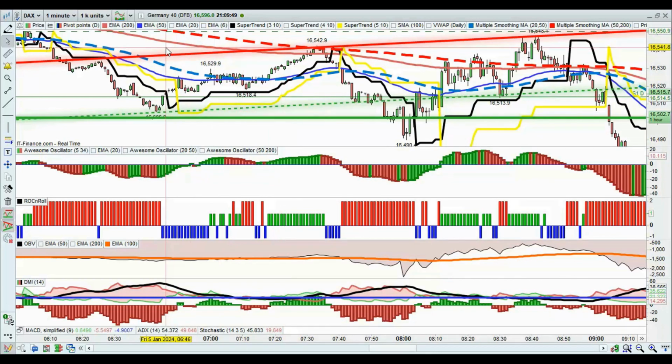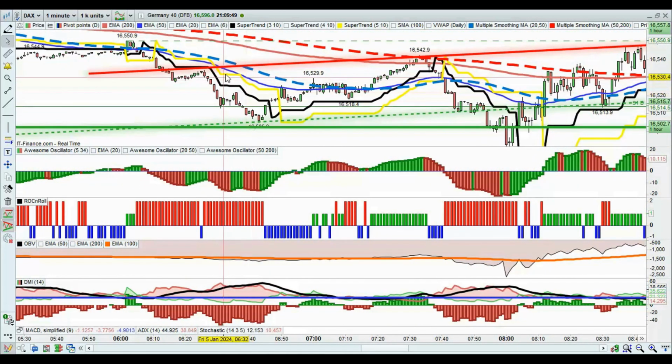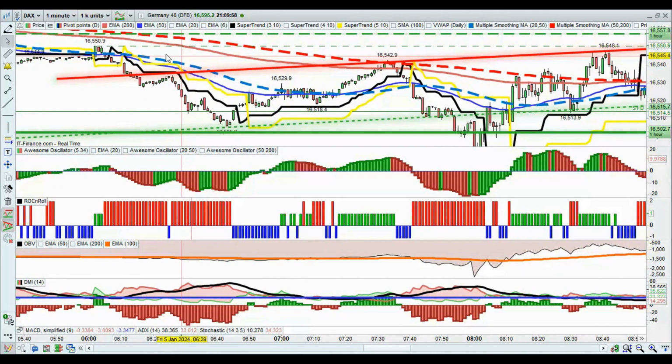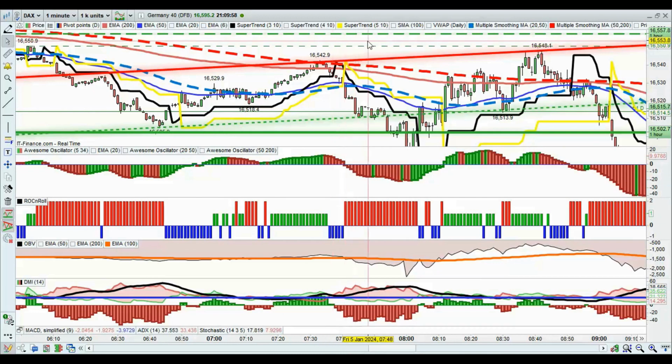You can see that high at 16,550, that was at 6:02 in the morning, and it dropped all the way down to 16,508 before the DAX opened, 8 o'clock German time, 7 o'clock UK time. So it started to climb and touch the 50-200.